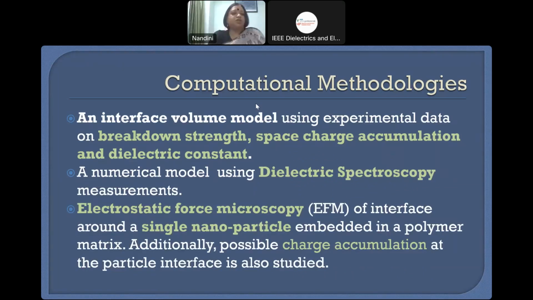some of the computational methodologies which have been used in my laboratory. Now, if you look at the computational methods that have been used by various research groups, you can broadly divide them into 2 classes. One is the indirect method and the other is the direct method.